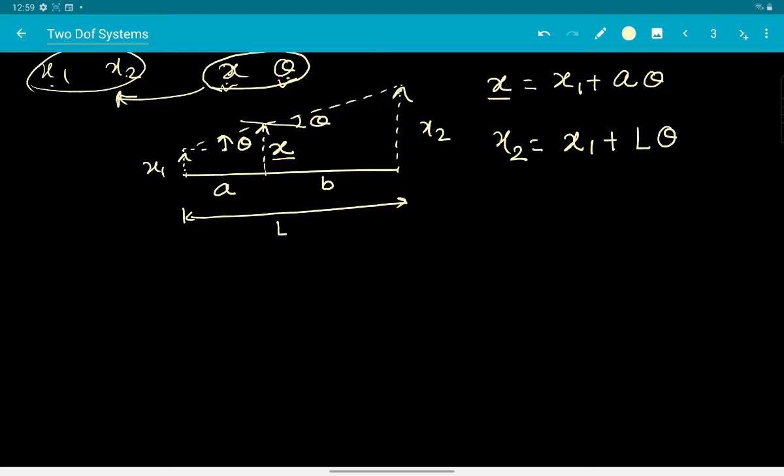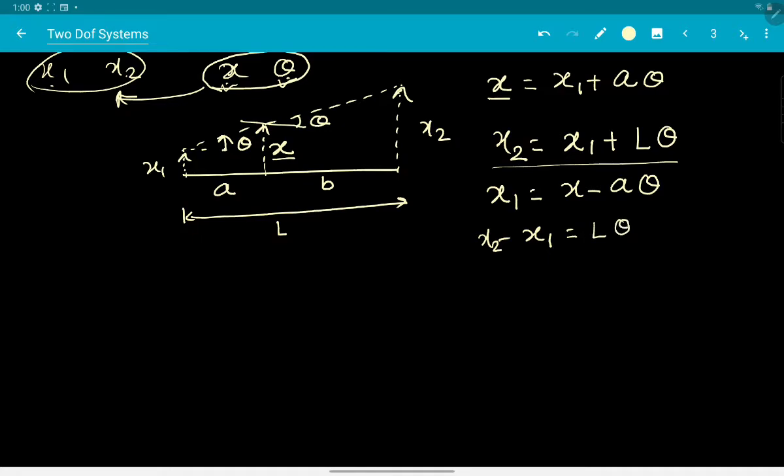Okay, so let me try to do it for you. Let me write down x1 as x minus a theta. And from this one, I know that x2 minus x1 is equal to L theta.